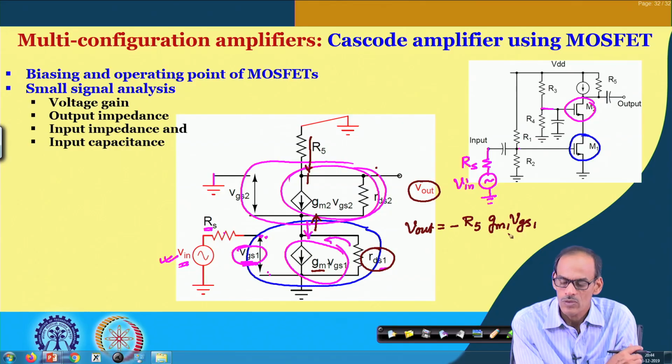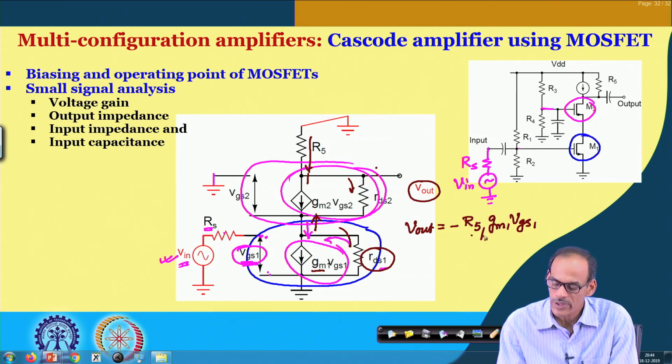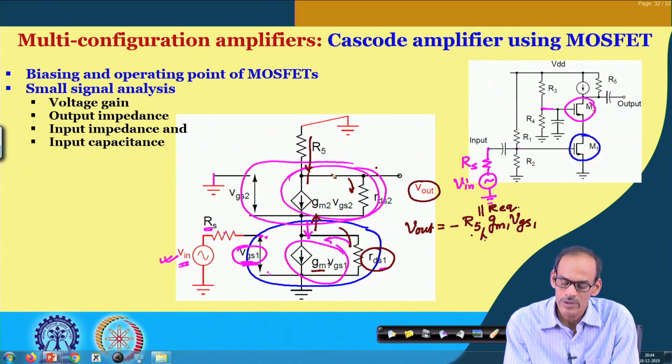Yeah. So, in fact, part of this current will be flowing through this as well as this. So, I should not say this current will be flowing only through RD. In fact, I should consider the parallel connection of whatever equivalent resistance we will be getting here.